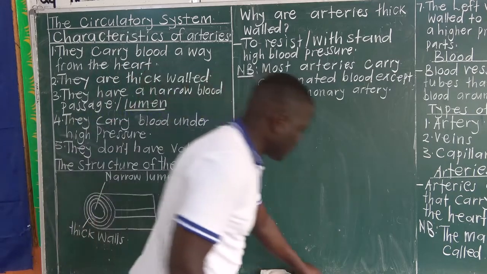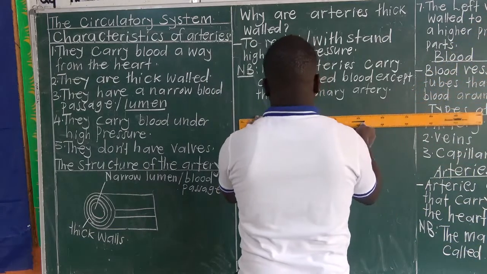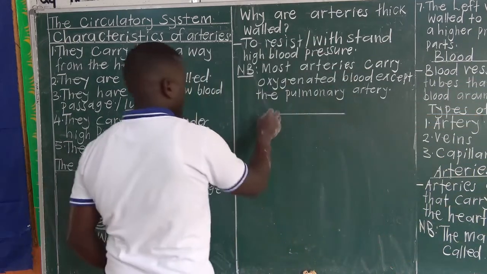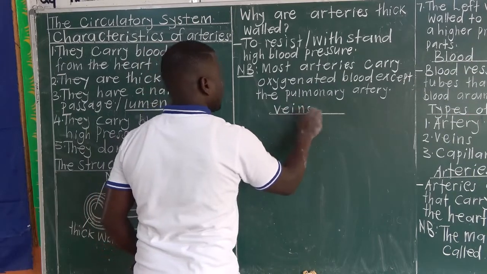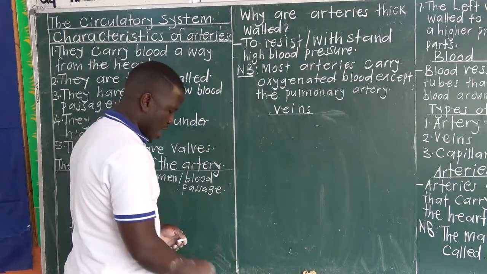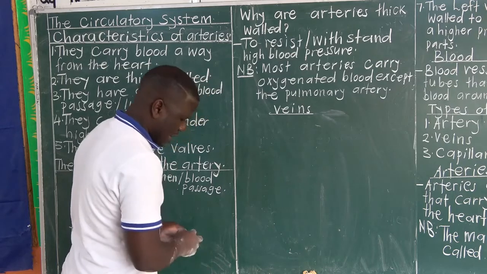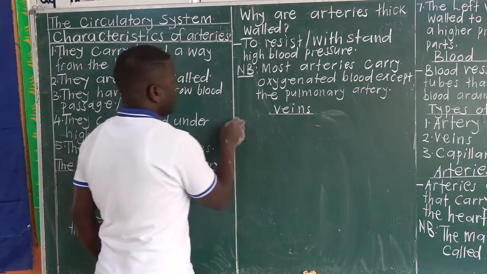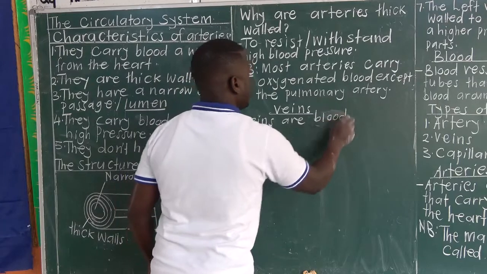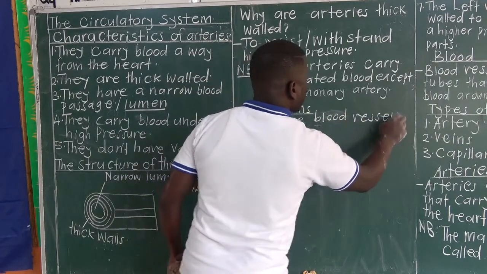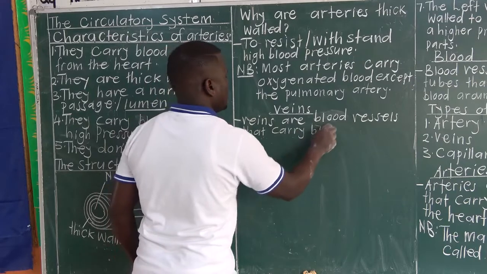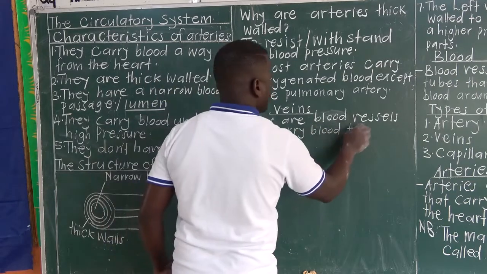Next, look at veins. Now, veins are blood vessels that carry blood towards the heart.